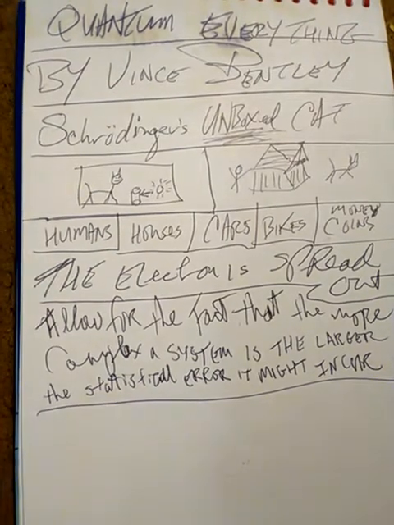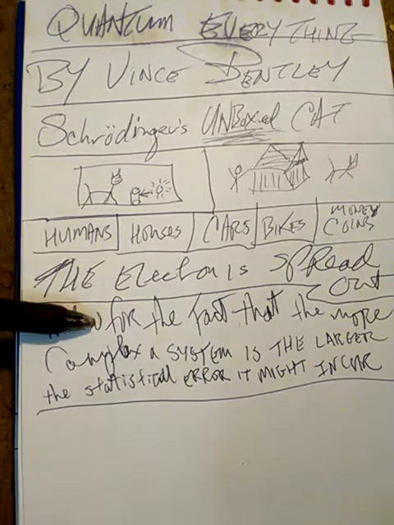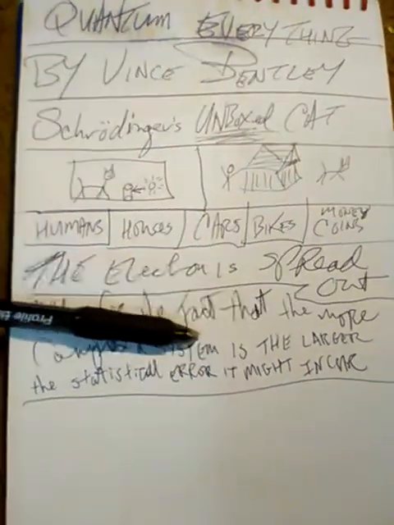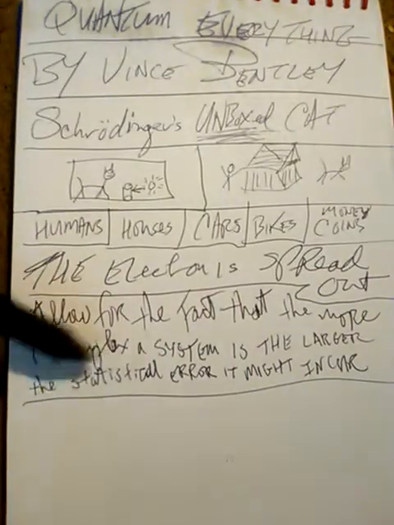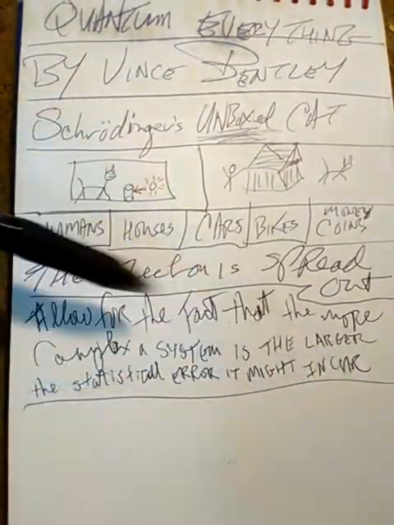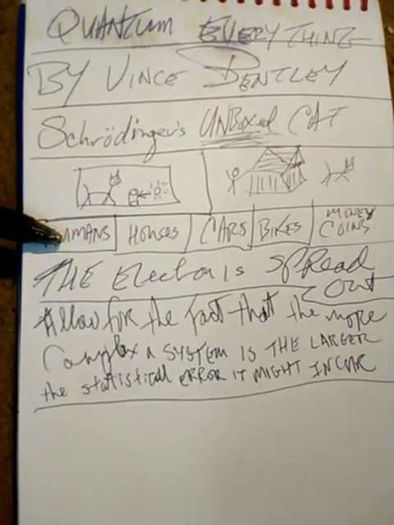The other thing is humans are quantized also. If we allow for the fact that the more complex a system is, the larger the statistical errors it might incur, people could slap me and say no, humans aren't quantized.